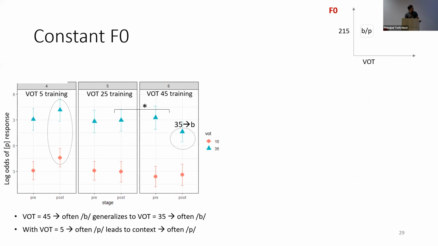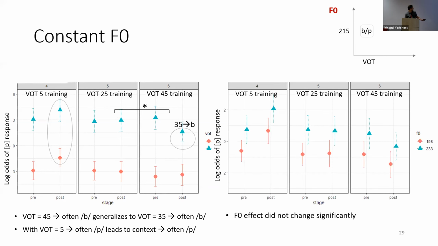So here in the constant F0 condition, you still see a change for people who were trained on VOT45 in how they were treating VOT35. So they were still producing more of the unexpected response to that cue, even though there was no significant upweighting of F0 in this condition.